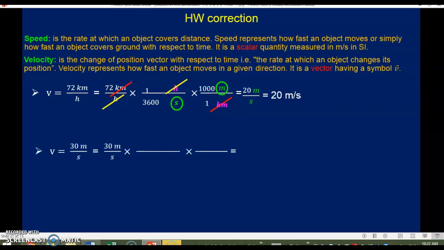Now from meter per second to kilometers per hour. Also we're going to convert from meter to kilometer. This is one conversion, and from seconds to hour, this is a second conversion. That's why we drew two fractional bars. We multiplied by two fractional bars, one for time and one for distance. Now as in the original one, the original one was in the denominator, now it's in the numerator, and meter was in the numerator, now it's in the denominator.